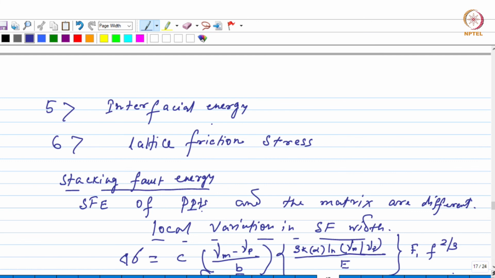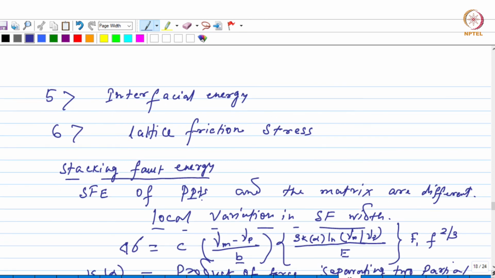And in order to supply that increased energy, the applied stress has to be increased, and that is how you get an increment in the strength due to this particular mechanism known as the interfacial energy mechanism.